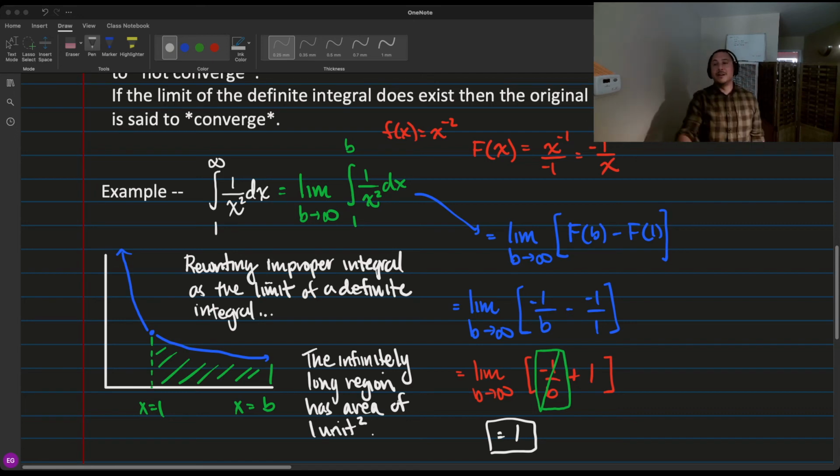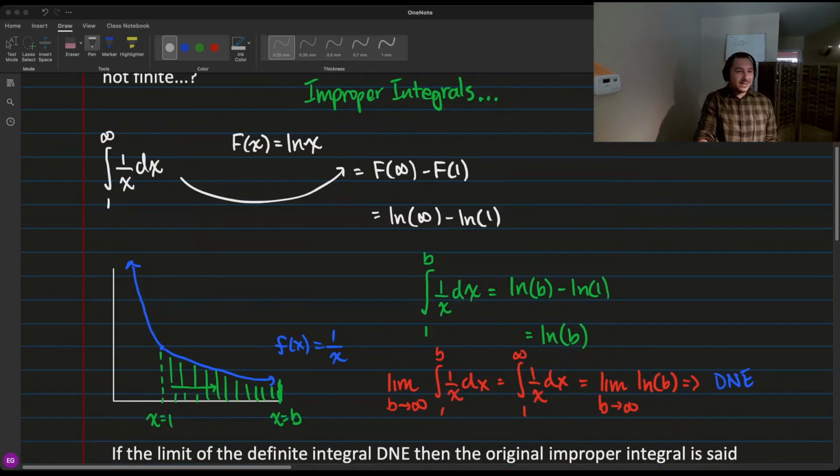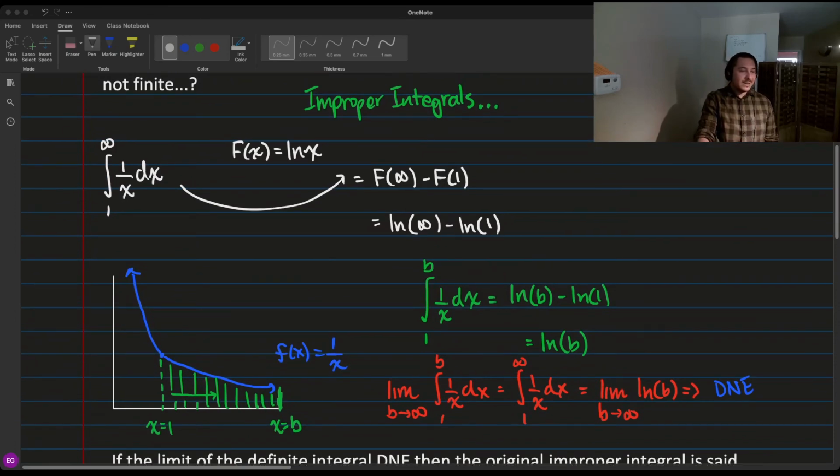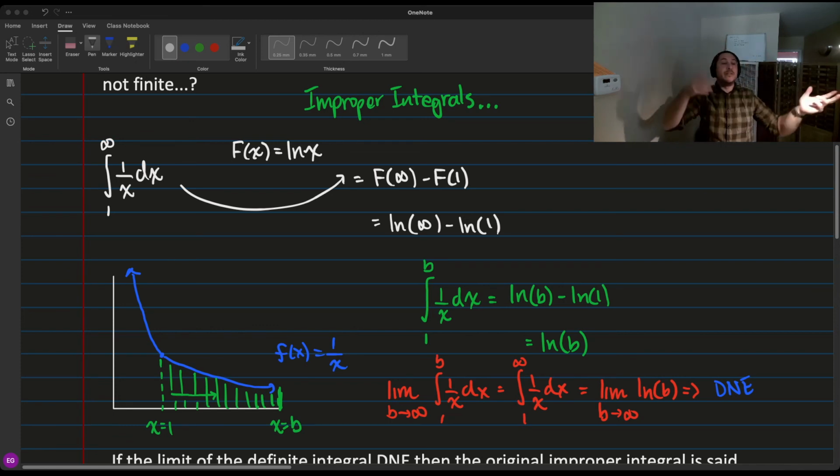No, it wasn't 0. It was what? Does not exist, but importantly, it does not exist because what did that value trend towards? The limit of that value wasn't an actual number. You can say that it doesn't exist, but why did it not exist? Because it was going to infinity, right?